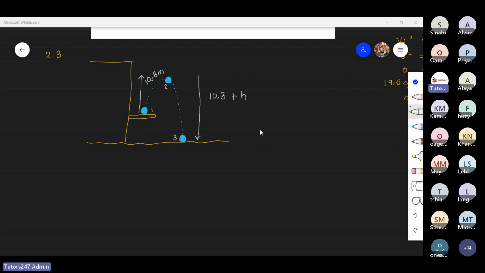So let's call this force 1, 2, and let's call this force 2, 3. If we want to find the resultant force, we add up the forces F12 plus F23 in order to get the resultant force.